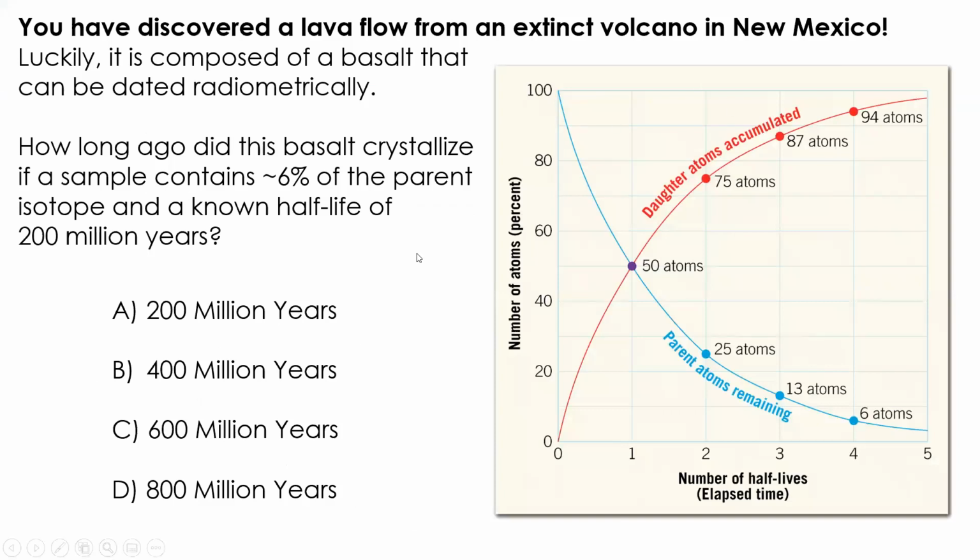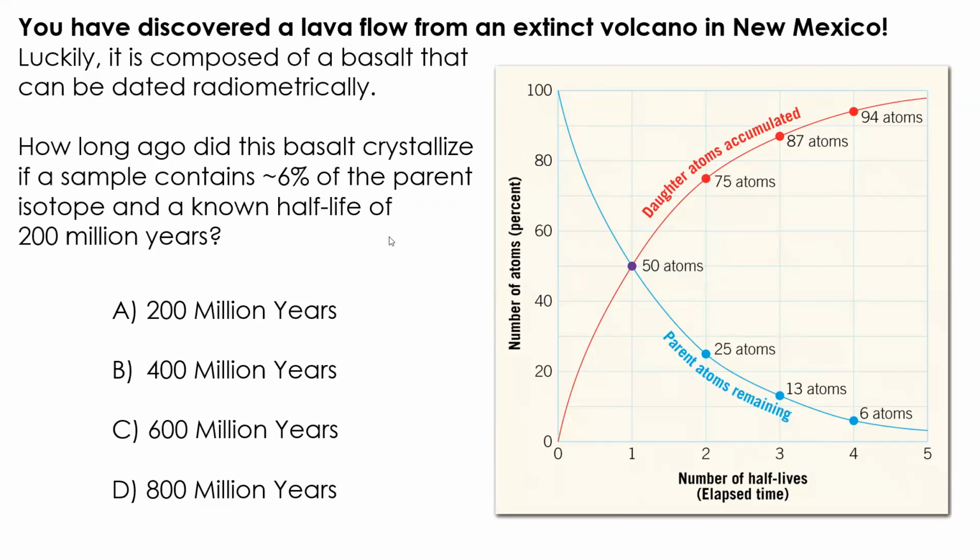Okay, so let's try this. I know this is a kind of confusing concept. So let's say we discover a lava flow and it has basalt in it, so we can date it using radiometric dating. So the sample that we have is 6% of the parent isotope.